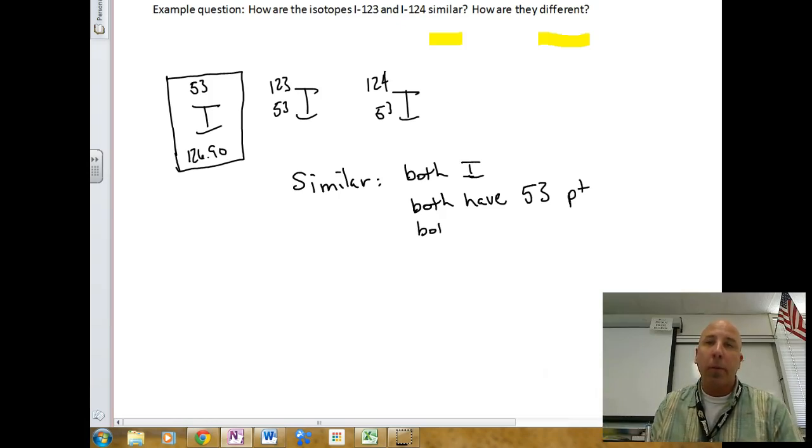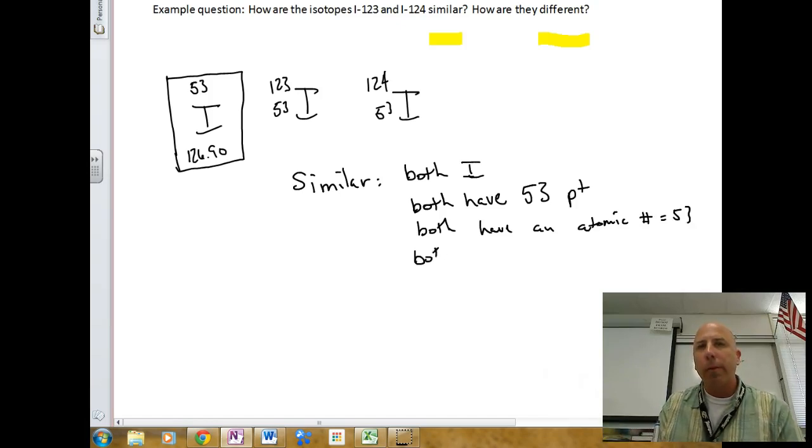We could also say both have an atomic number equal to 53. And that's kind of obvious. We could also say that they both have 53 electrons in a neutral atom. And those are our similarities there.